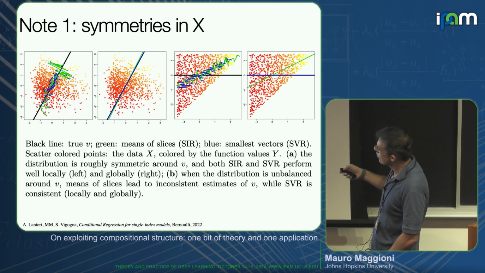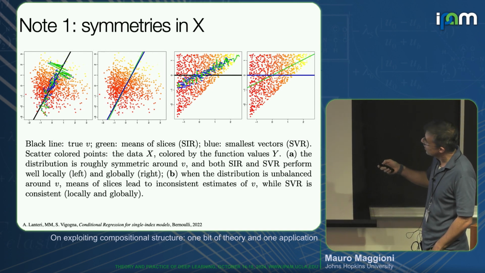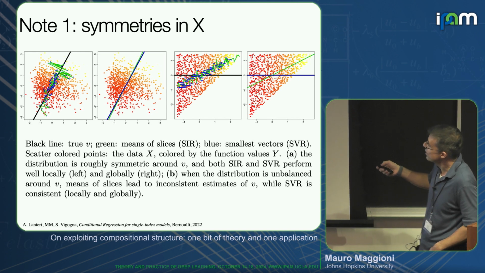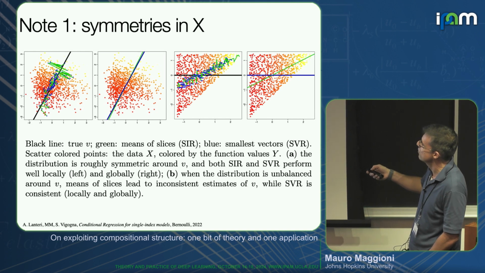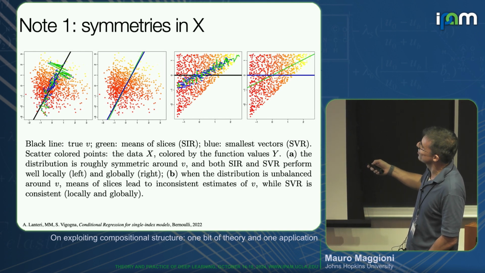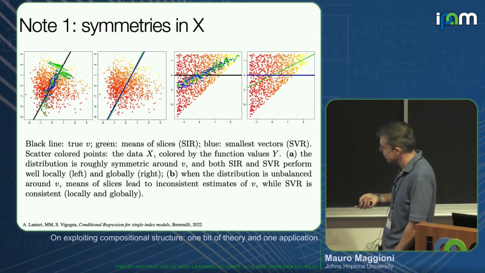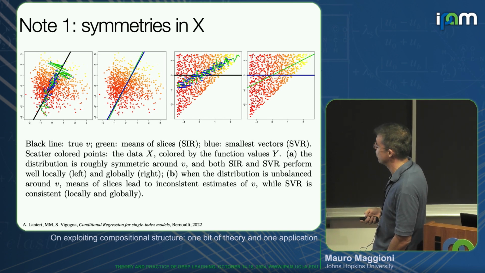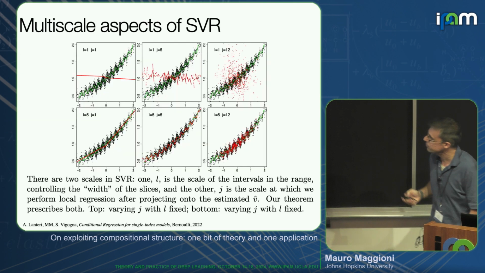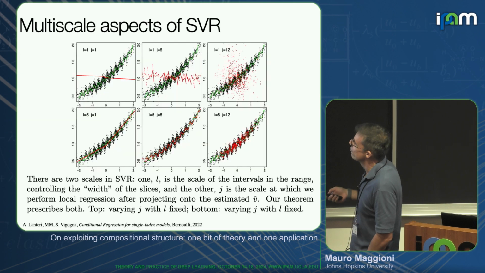While if you look at our directions, the blue ones, they're centered at their own points because they're centered at the means, and those are not along the line V, but they all point in a consistent direction of V. So some symmetries of rho are somewhat needed, but our algorithm is more robust than most to these sorts of things. And this is one of the functions we estimate.